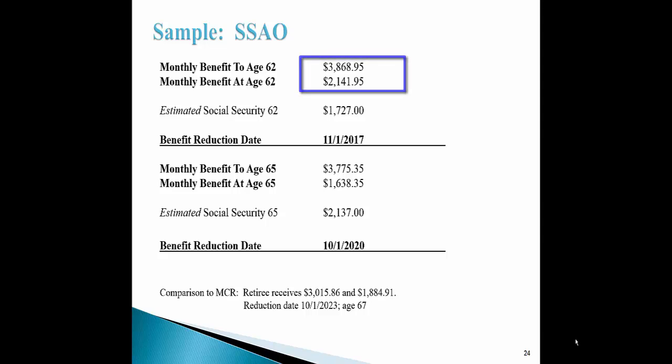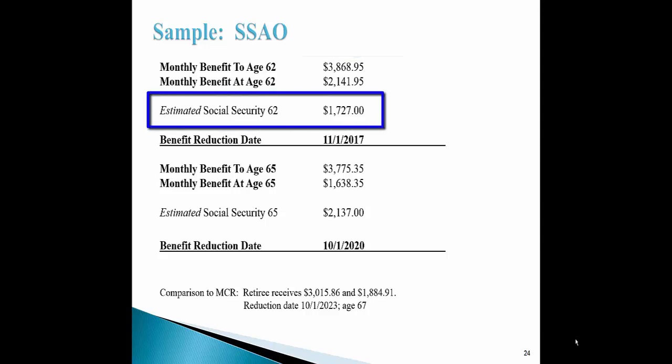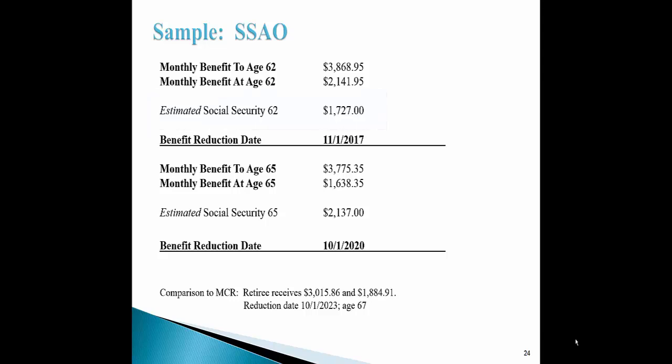The sample also shows that at age 62, it is estimated that the retiree would receive approximately $1,727 from Social Security. Remember that the reduction is occurring at age 62 instead of age 67, and the county benefit will reduce regardless of whether the retiree actually begins collecting Social Security or not.